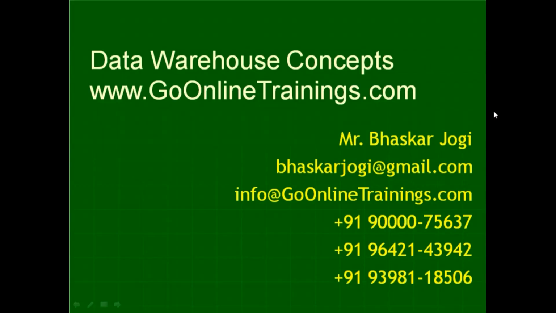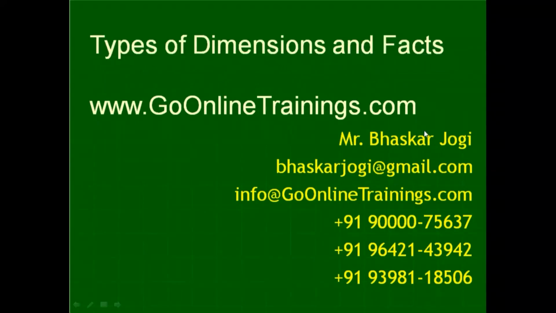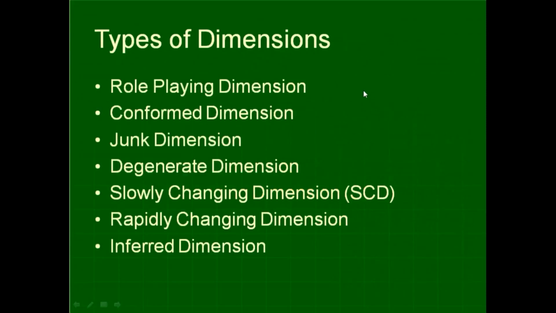Now, the next important concept is we have dimension tables and fact tables, and we have types of dimension tables and types of fact tables, right? We have dimension tables and fact tables as part of data warehousing, and we have types of dimensions. Role-playing dimension.